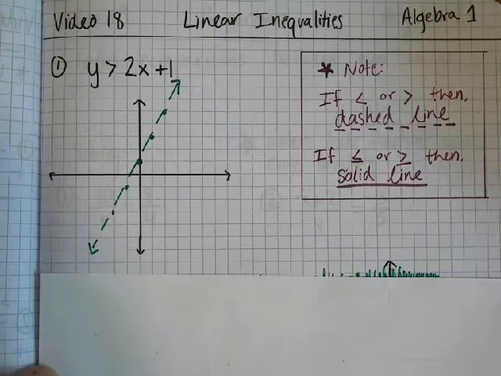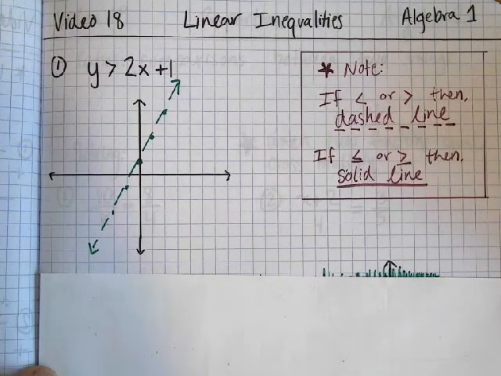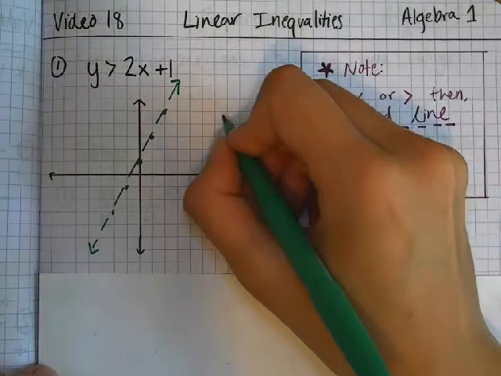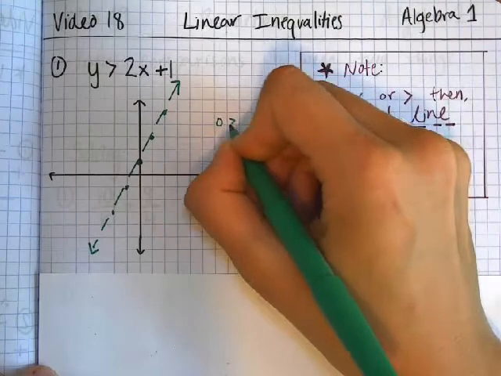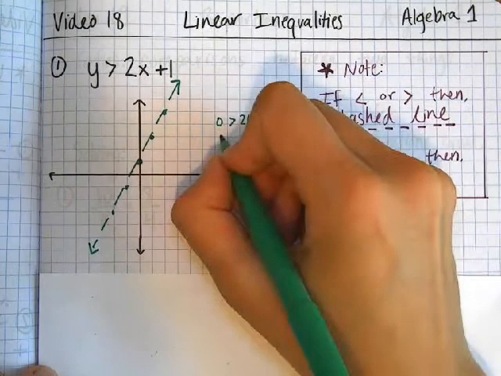You can pick any point, but it cannot be on the line, and plug it into your equation and see what happens. Okay, I really like using the point (0, 0) if it's not on your line because zeros are really easy to deal with. Okay, so 0 is greater than 2 times 0 plus 1.